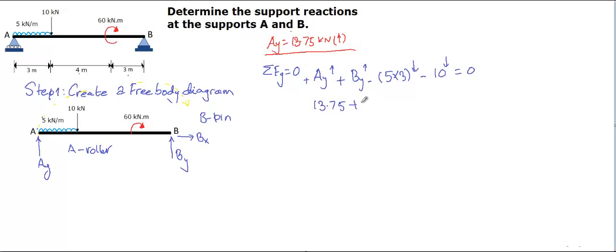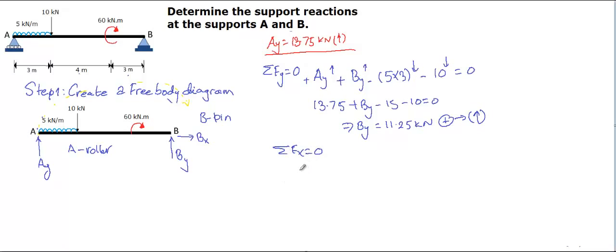So substituting the value of Ay 13.75, we can calculate the value of By, which equals 11.25 kilonewton, and we get this one also positive, which means our assumed upward direction of By is correct.